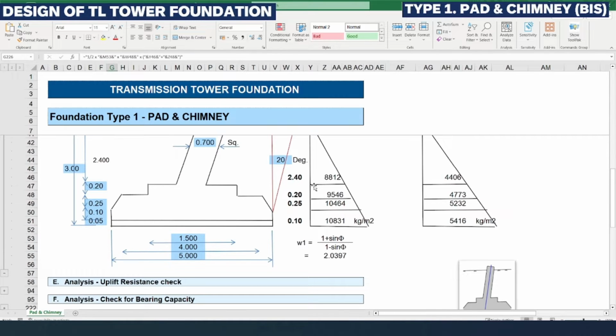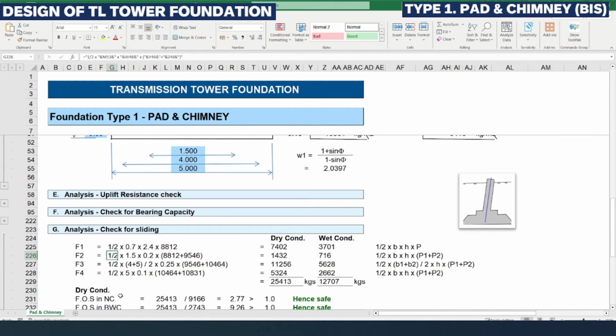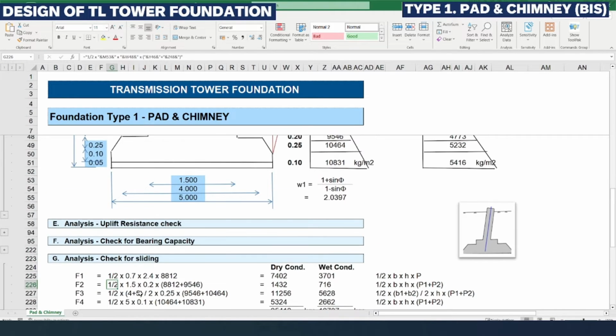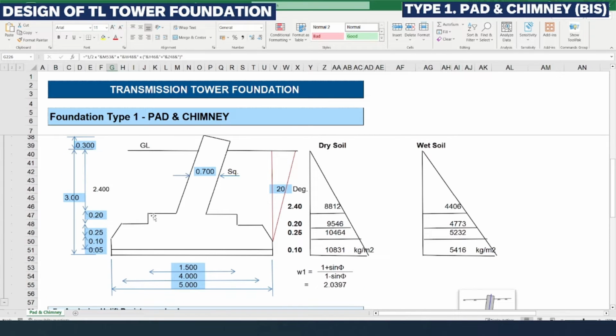So in this trapezoidal we need to consider the average of these two pressures. Again, average means half into these two pressures' summation into here that 1.5 meter is this part. This portion we need to consider 1.5 meter for the depth of 0.2.